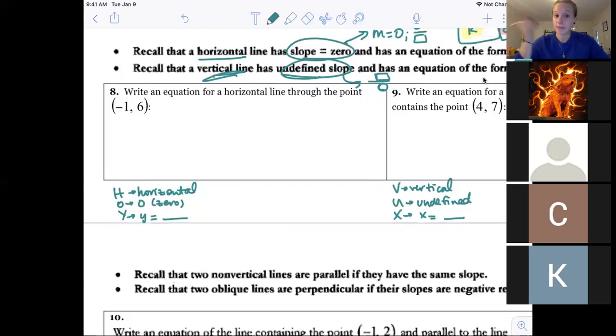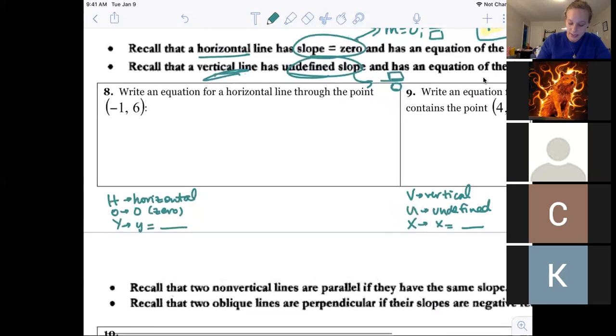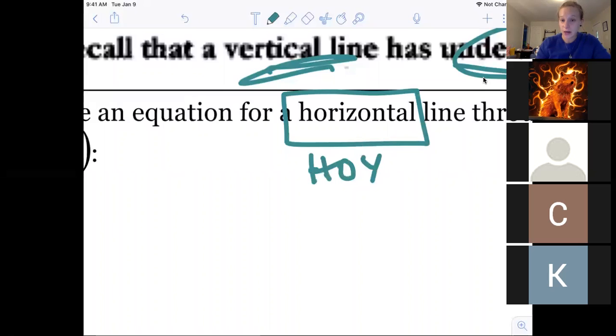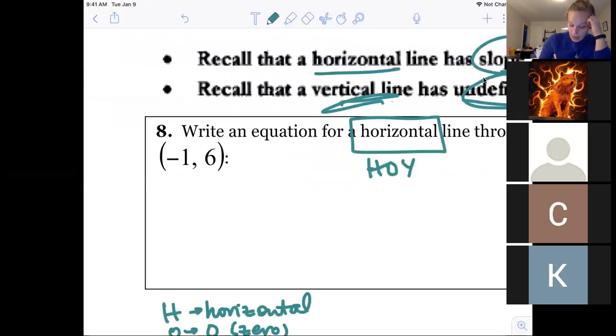Okay, now let's do an example. I've got 2 examples. Write an equation for a horizontal line through the point -1, 6. So I know it's a horizontal line, so I can remember my HOI. I know my slope is 0. I know it's going to be a y equals equation. I can also draw a picture if that's helpful to me. I can go to -1, 6, and put a little point there.